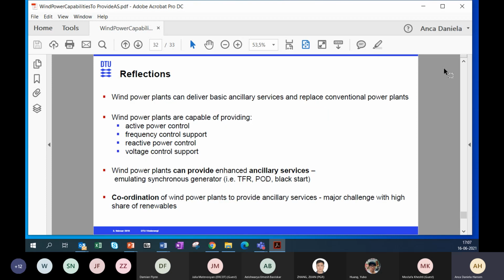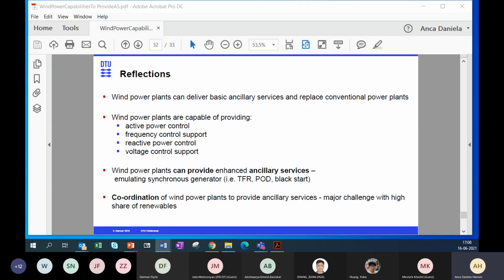So, some reflections. Yes, wind power plants can deliver basic ancillary services, and they can replace conventional power plants with different control functionalities, and they can also provide enhanced ancillary services.